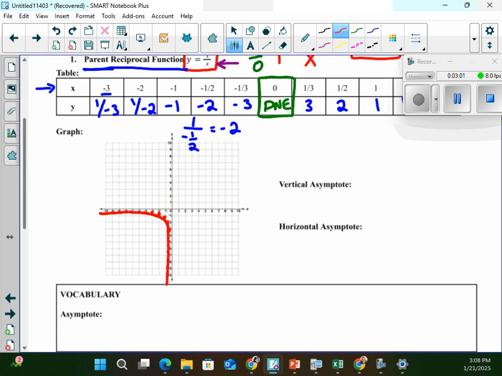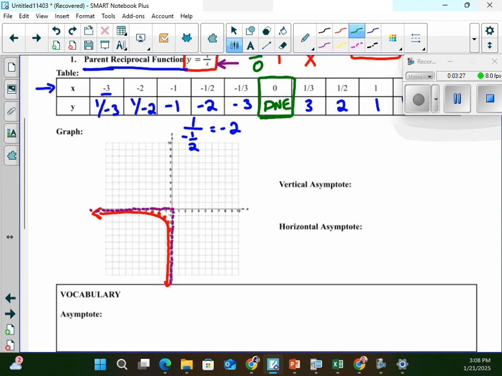As you graph these points, you can see that the function is essentially going right next to our axes, both the x-axis and the y-axis, but it doesn't actually touch it. Let's continue plotting the remaining points to see what the second half of the graph looks like.